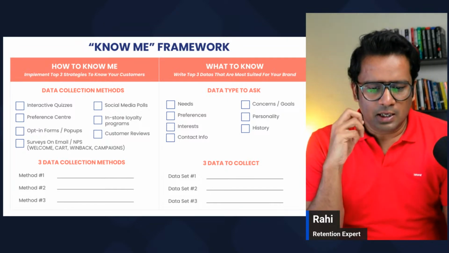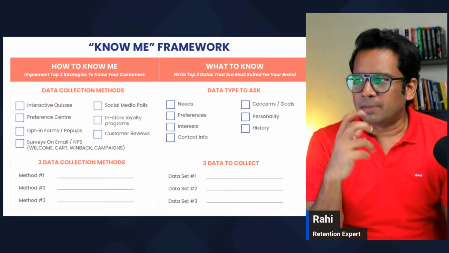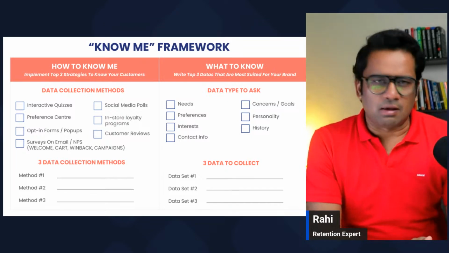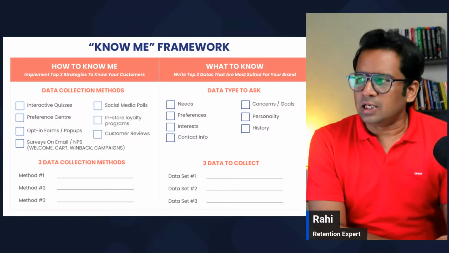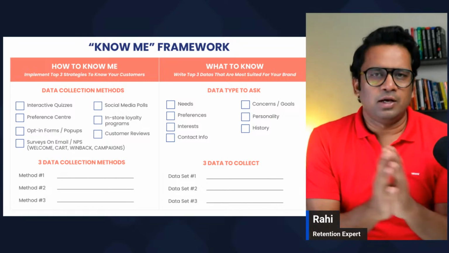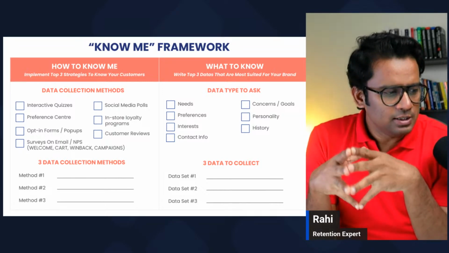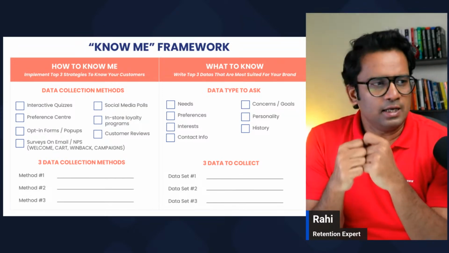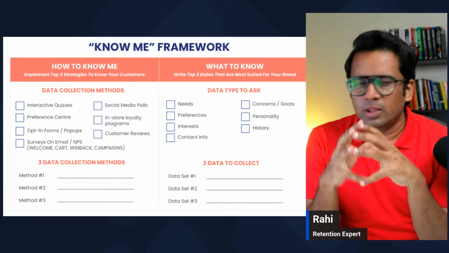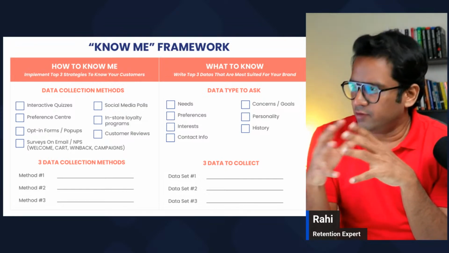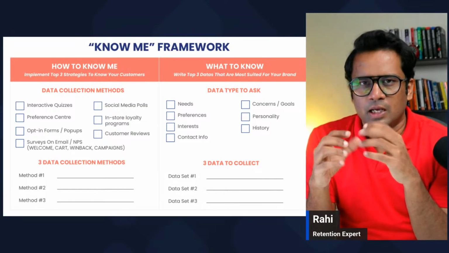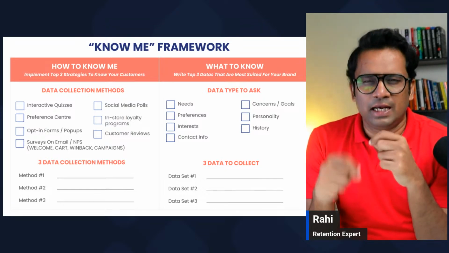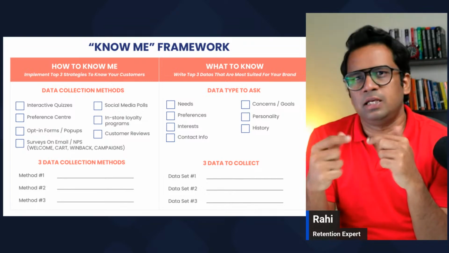Apart from that, out of these seven, I would say start with three. And in terms of type of data, we also don't want to overwhelm the customers, so the idea is to focus on three. Now we will go one by one, but three doesn't mean three questions.